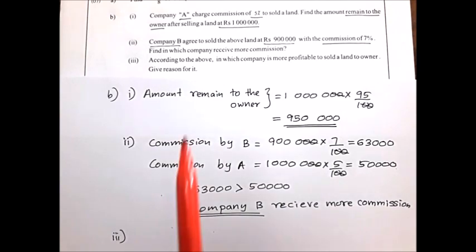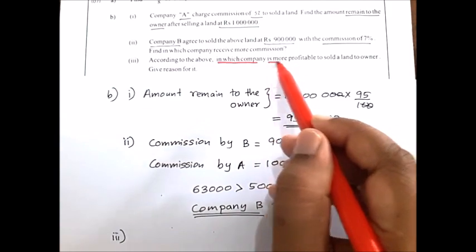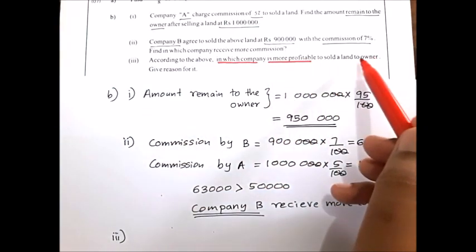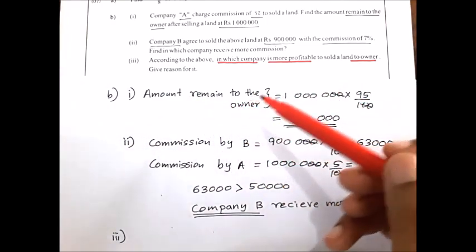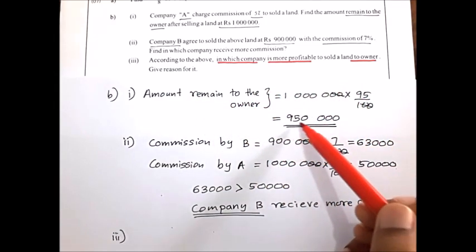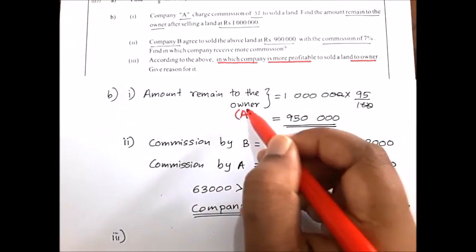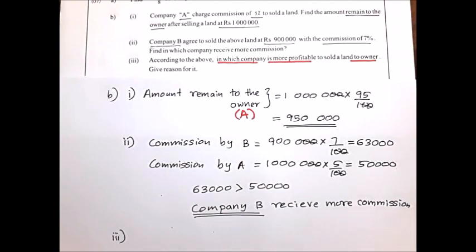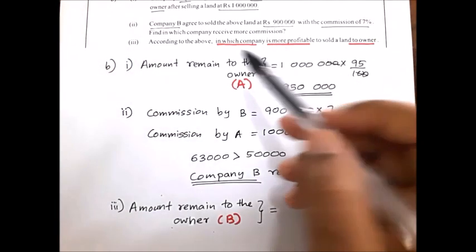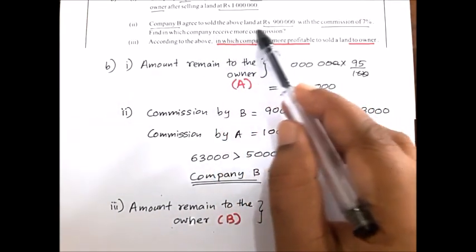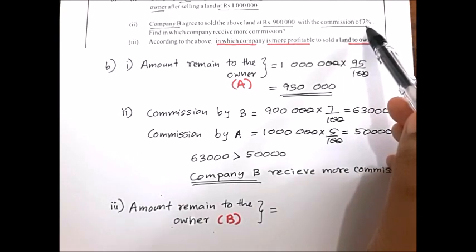Third one, according to the above, in which company is it more profitable to sell land for the owner? Give reason for it. In company A, owner received 950,000 rupees. This is company A. Now find the amount received by company B. In company B, land sold at 900,000 and company charges 7% commission.